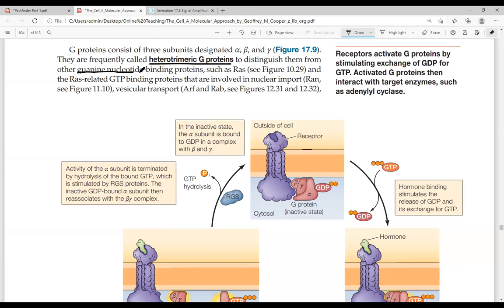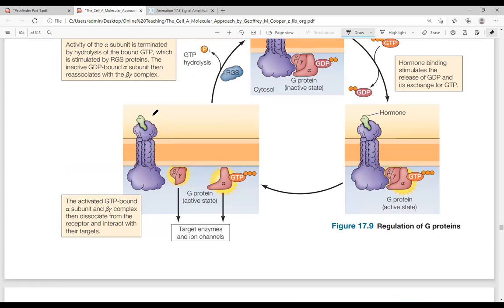There are different proteins referred to as monomeric GTPase switch proteins, such as the RAS related GTPase binding proteins, as well as RAB, ARF, and RAN proteins, which are responsible for several different types of transport. For example, nuclear transport is under the hold of RAN. The vesicular transport is under the hold of ARF and RAB. And then the transport is going to take place.